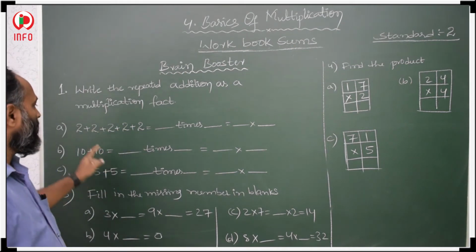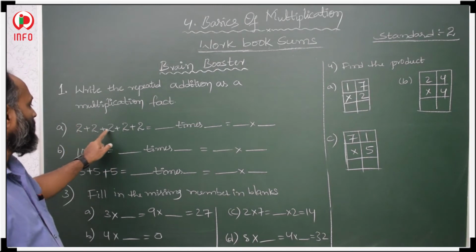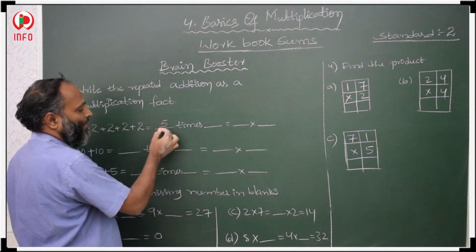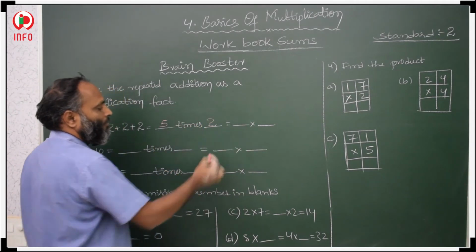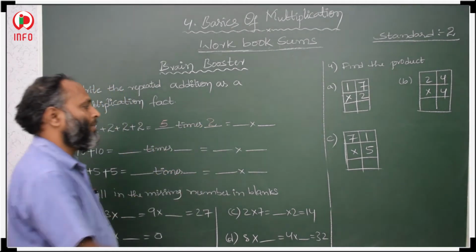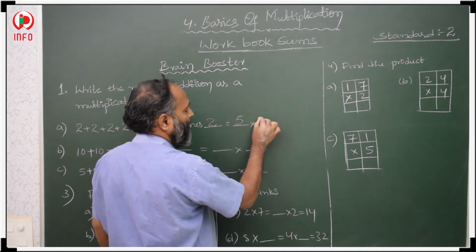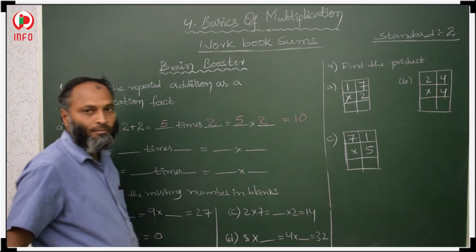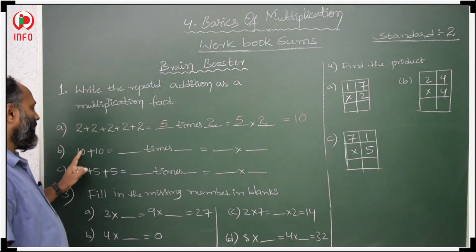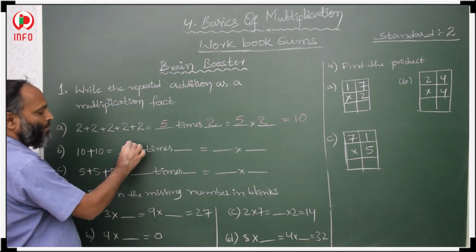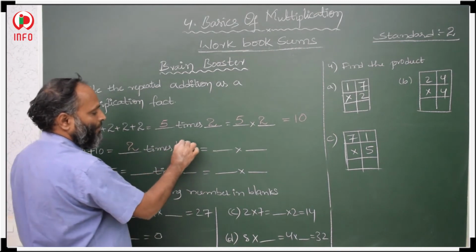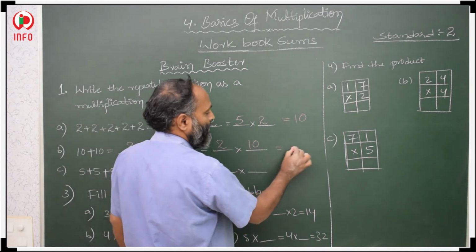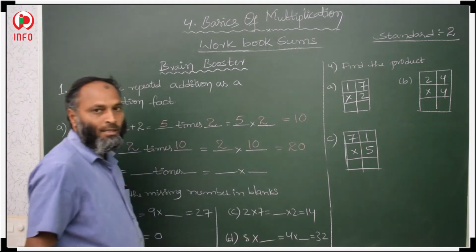How many 2s are there? 1, 2, 3, 4, 5. 5 times 2, that means 5 into 2. The answer is 10. Here 10, how many times? 2 times 10, that is 2 into 10. The answer is 20.